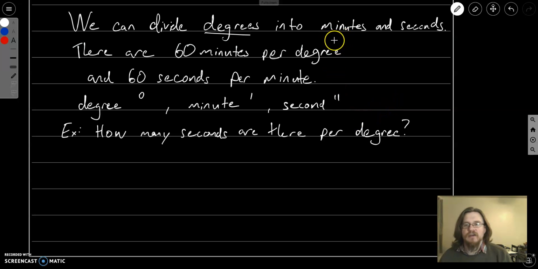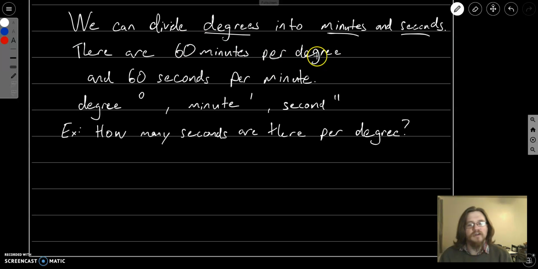But to really talk about really fine details, we can split degrees into minutes and seconds as well. So this is fairly easy to remember, these conversions. There's 60 minutes per degree and 60 seconds per minute. So 60 seconds per minute is just like with time, and again 60 minutes per degree, it's almost as if a degree is 1 hour.